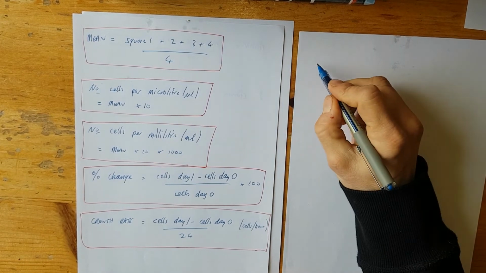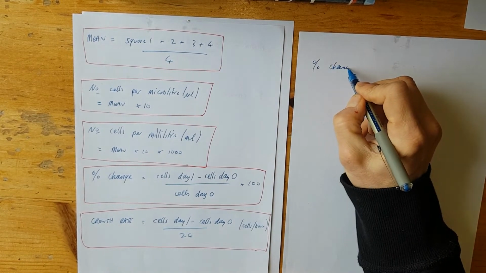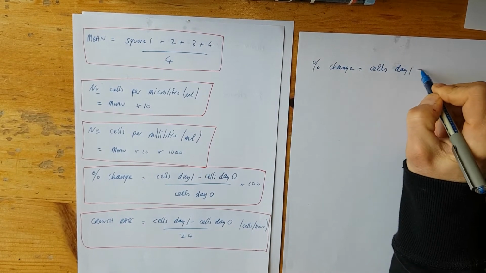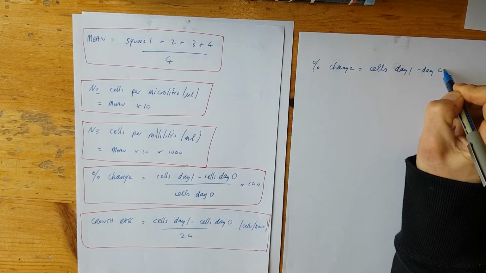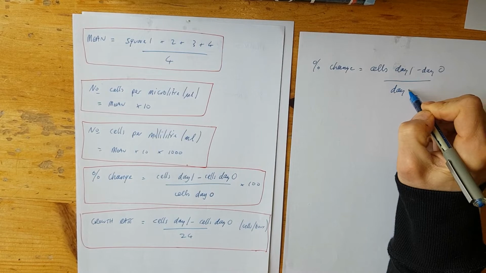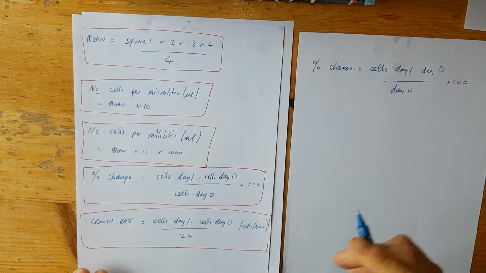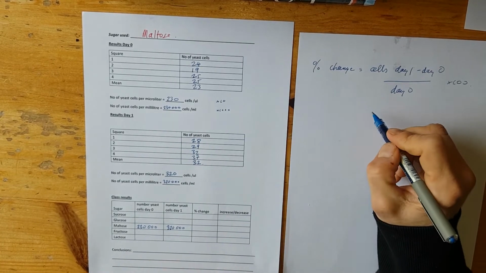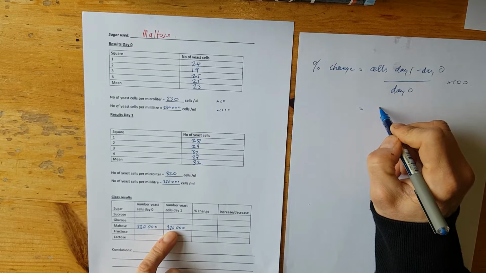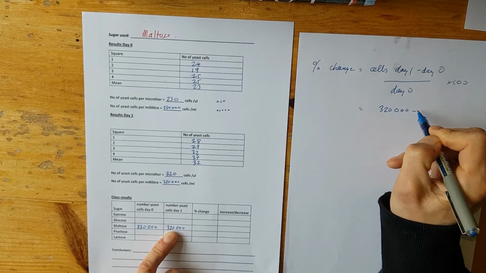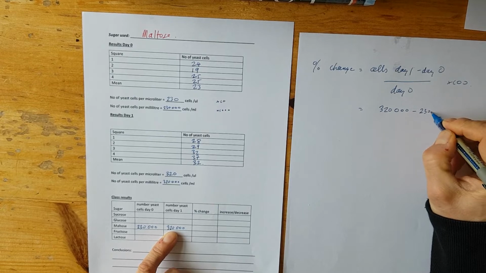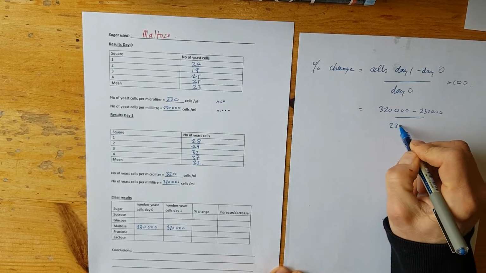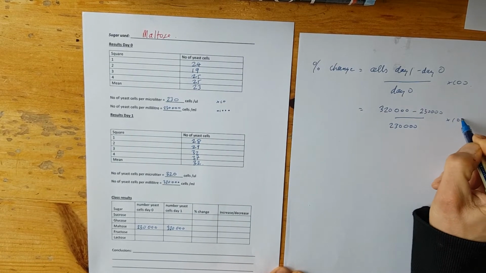So our percentage change is cells day 1 minus day 0 over day 0 times by 100. And our numbers are cells on day 1, which is 320,000, minus day 0, which is 230,000, divided by day 0, which is 230,000, times by 100.